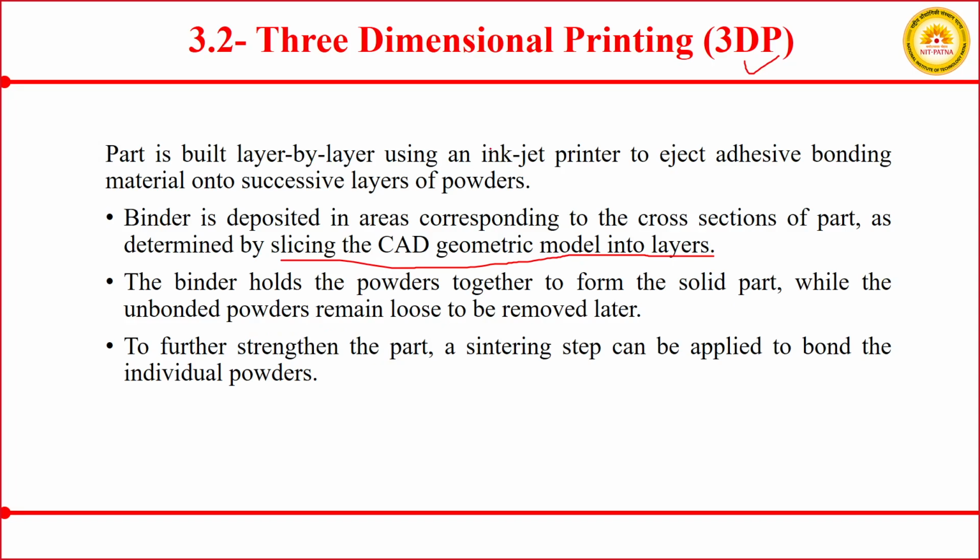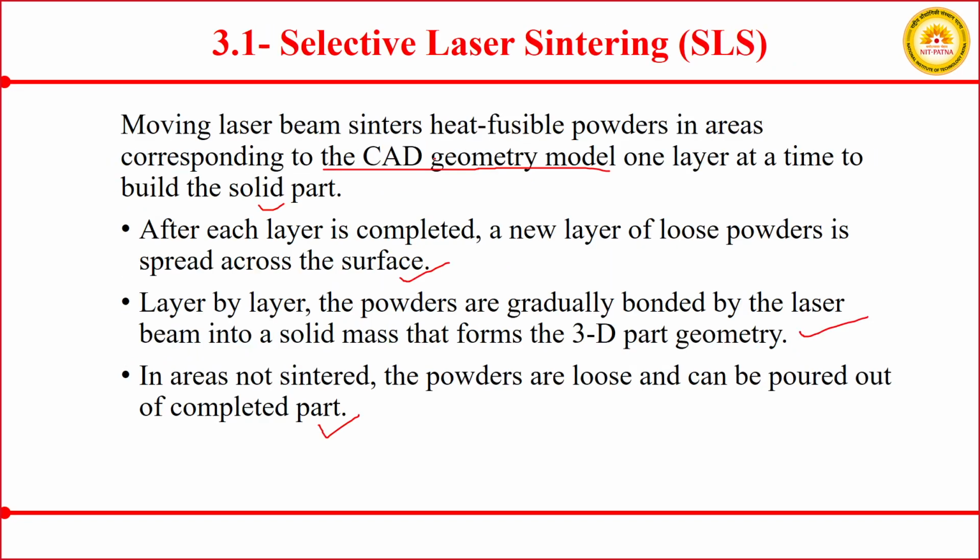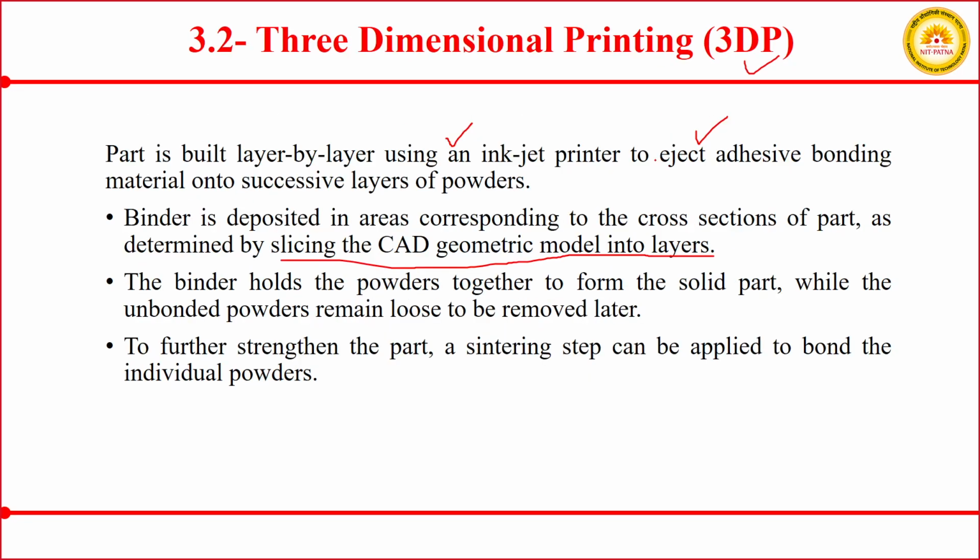Here also you are printing the part using an inkjet printer, and you are ejecting an adhesive to make a bond between two successive layers of powder. In the previous process, selective laser sintering, we were not using adhesive, we were melting your powder particles by using a laser source.